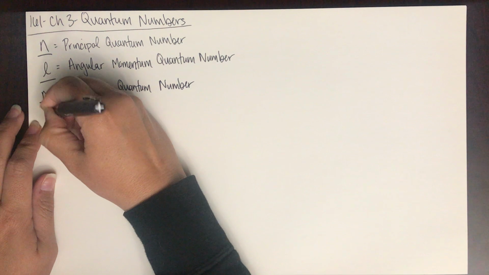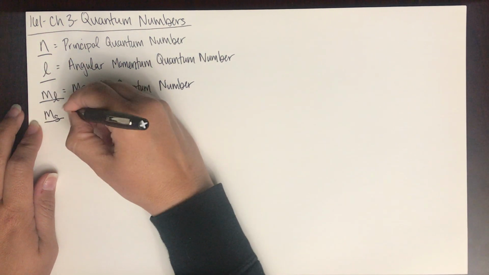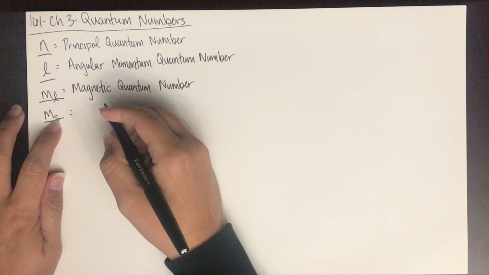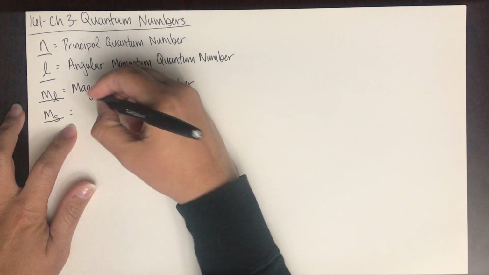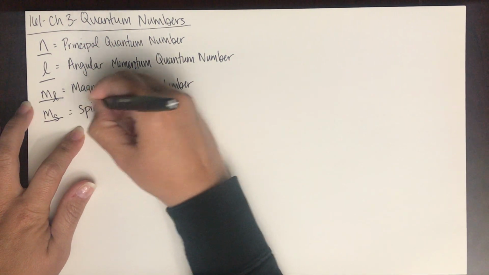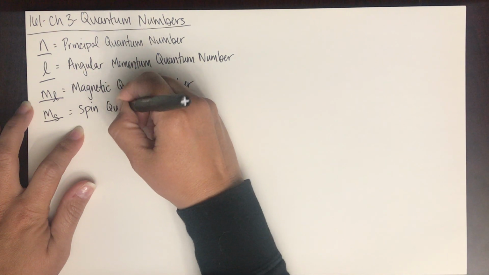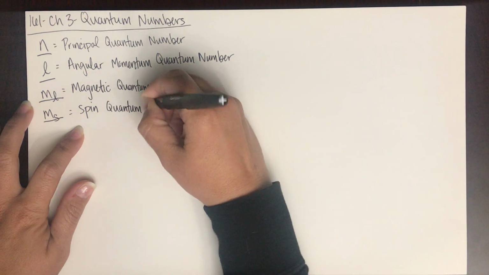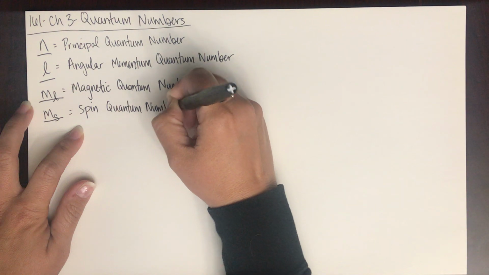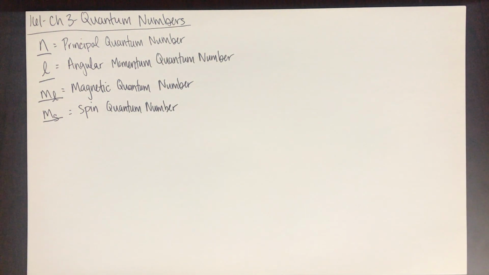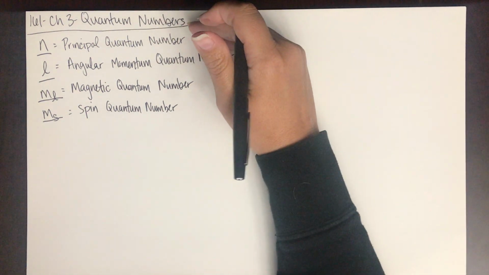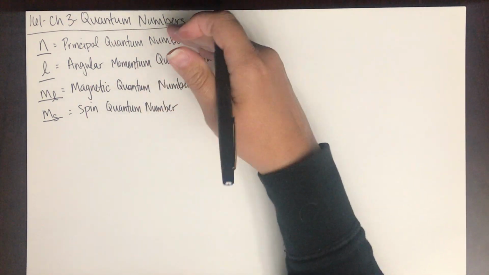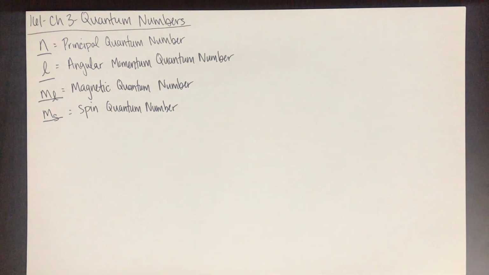And then the last one is m sub s, so lowercase m and then an s subscript. This is called the spin quantum number. So the principal quantum number is the first, and then it goes down n, l, m sub l, m sub s.